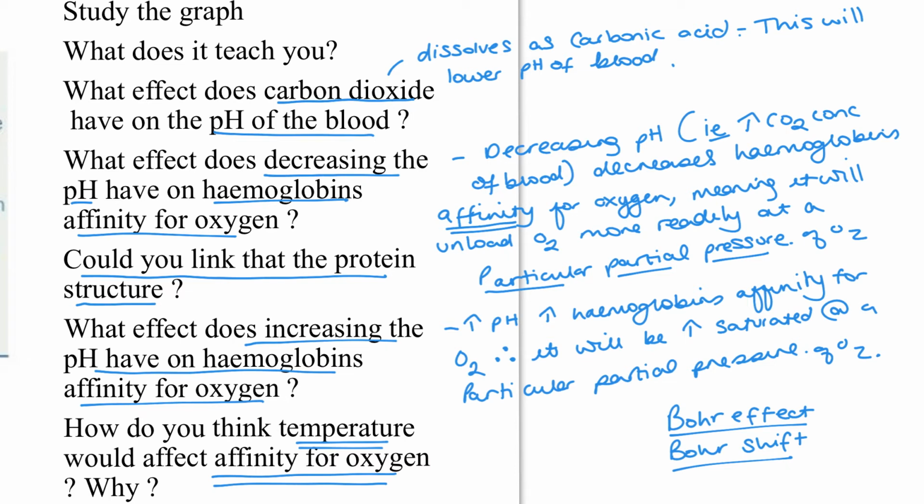This also makes sense, because in rapidly metabolizing tissues, a lot of heat is produced as a waste product. So higher temperatures are an indicator of a higher metabolic rate, just like higher carbon dioxide concentration and lower pH are indicators of a higher metabolic rate. And remember, we've referred to carbon dioxide as an indicator, and carbon dioxide is linked to pH.